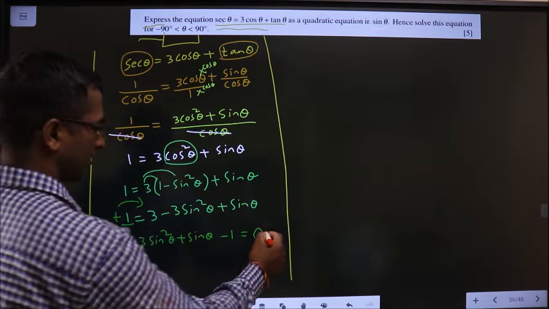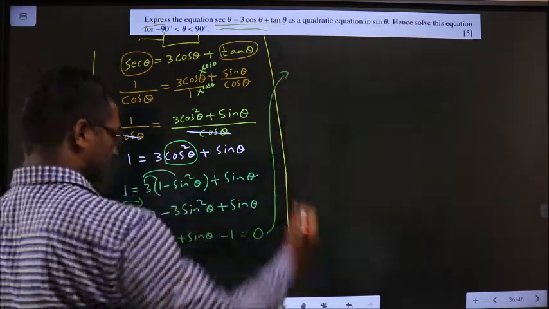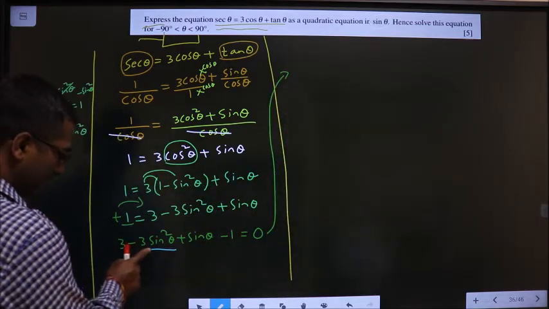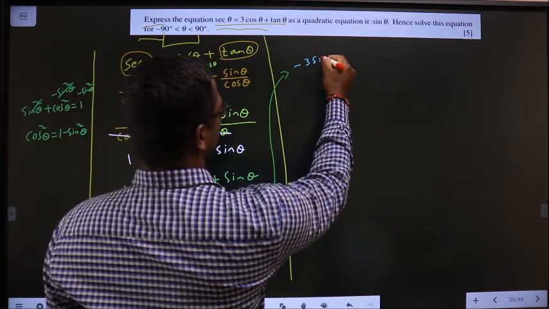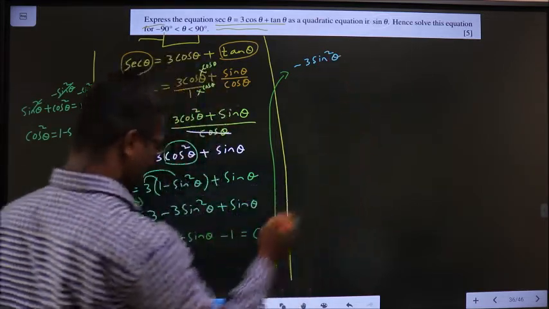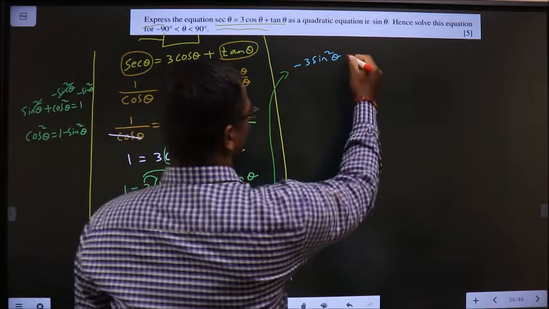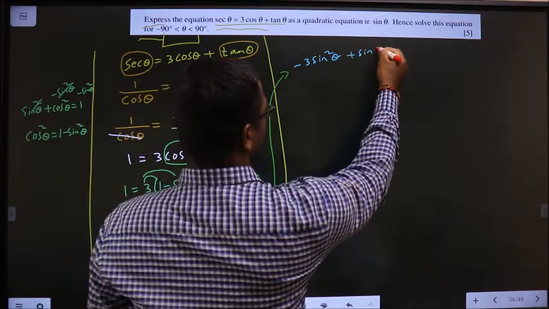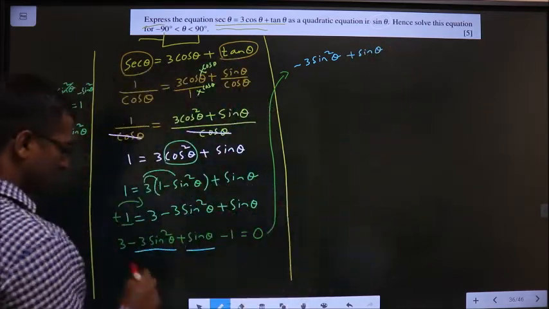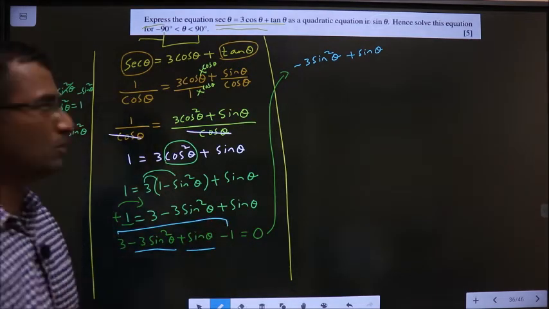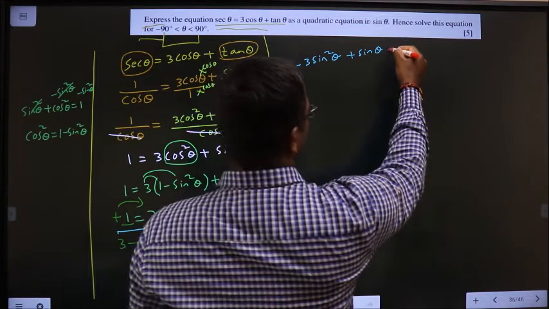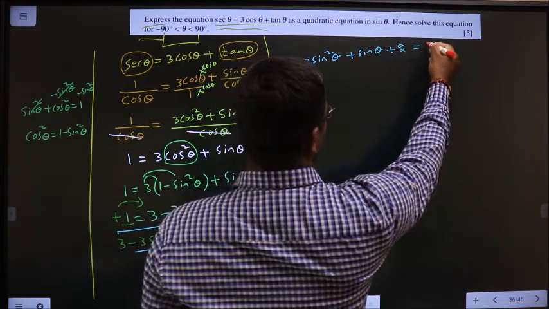What I mean is, see, first square term. So minus 3 sin square theta. Next plus sin theta. After that constants. 3 minus 1 will be plus 2. Plus 2 equal to 0.